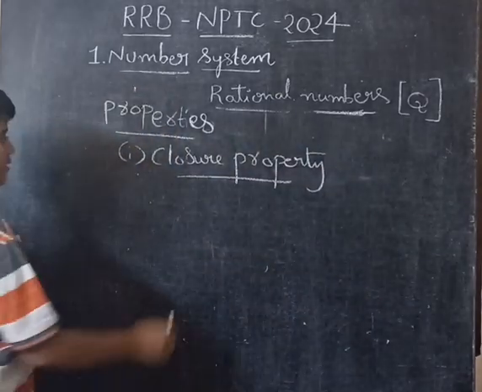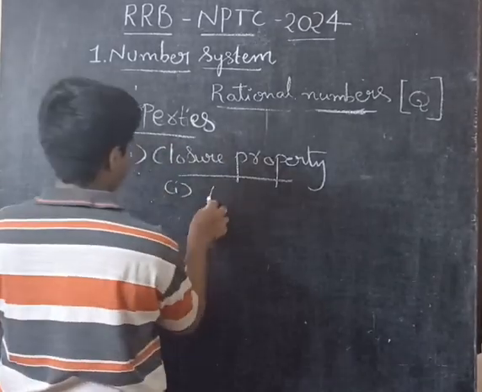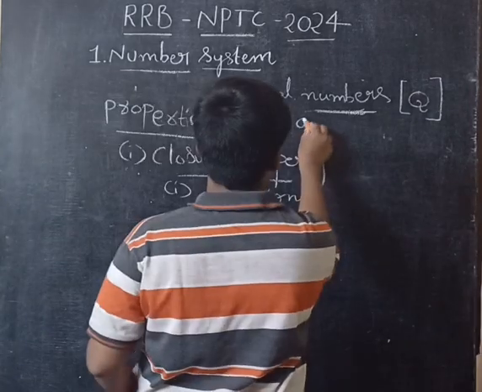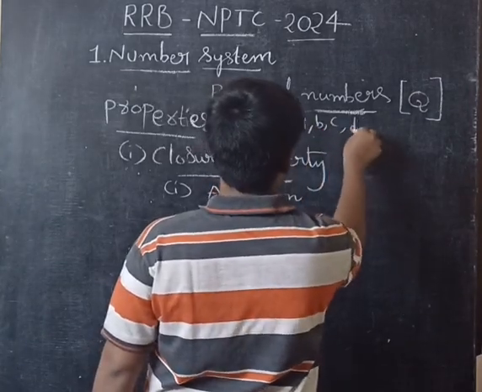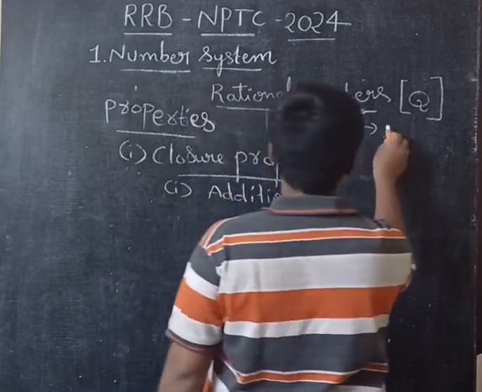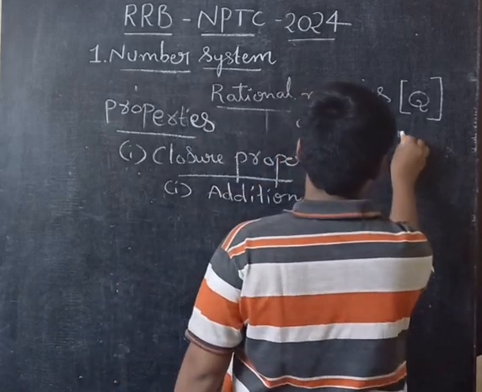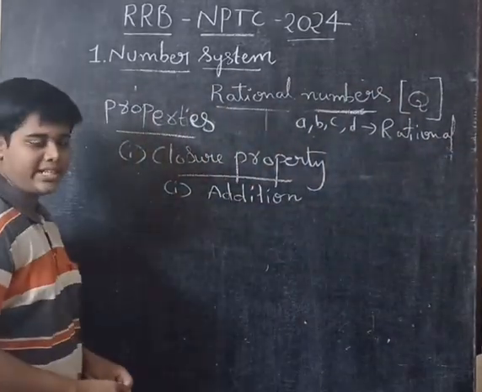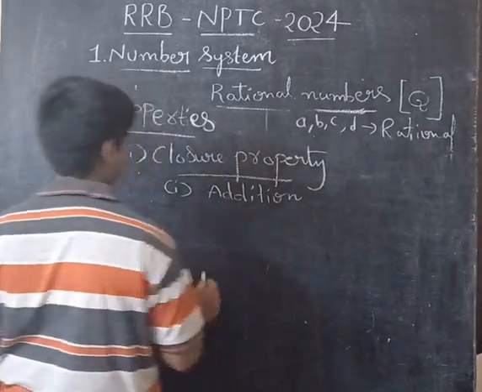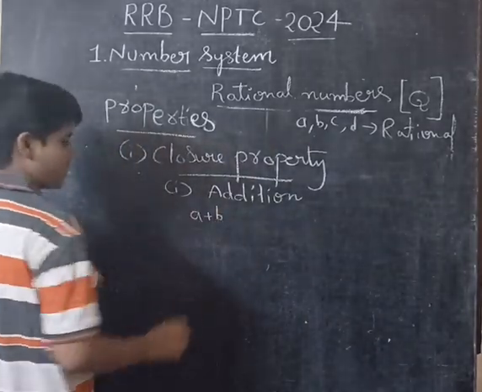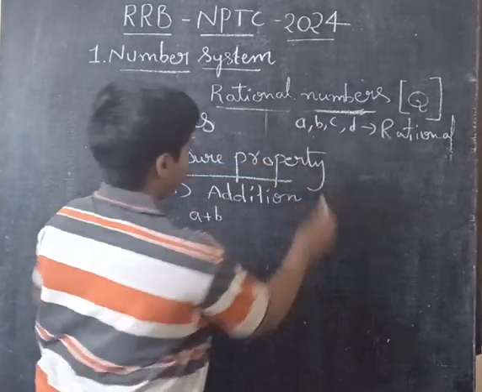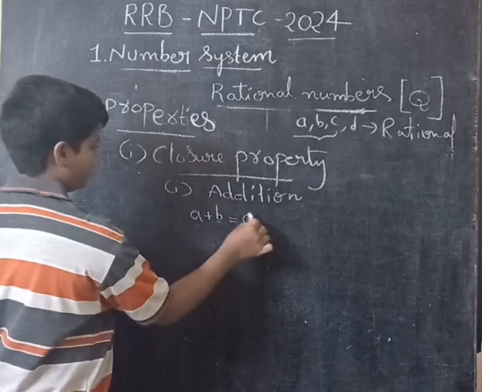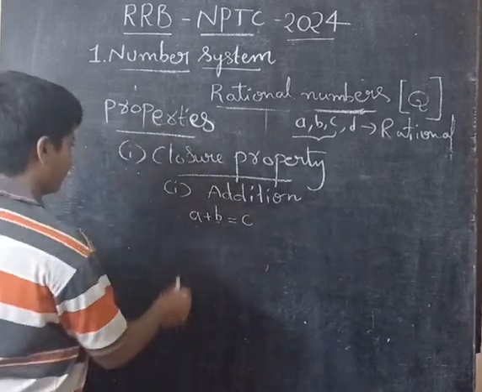Closure property means, if we go with addition first, take A, B, C, D as integers or rational numbers, for example rational numbers. First of all, addition. The closure property is satisfied: A plus B are 2 rational numbers, I am taking one of these 3, and the addition of these 2 rational numbers gives C only. So this is the closure property in addition.